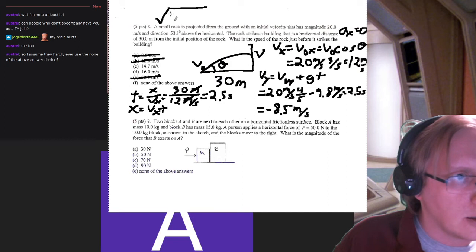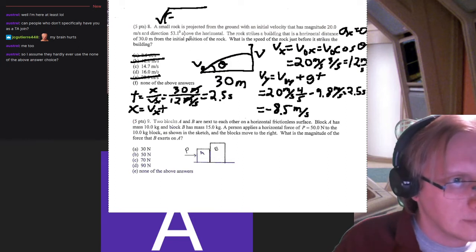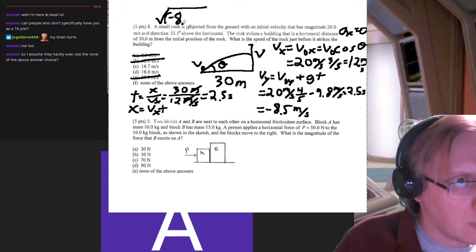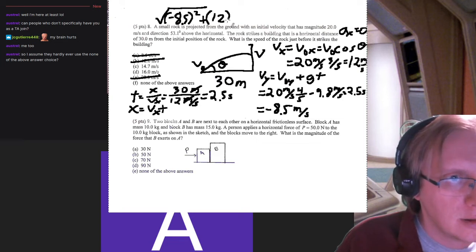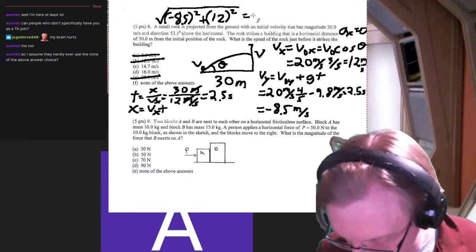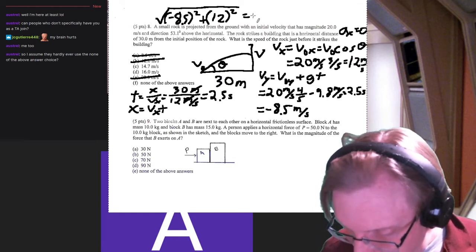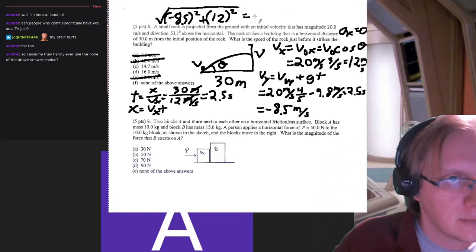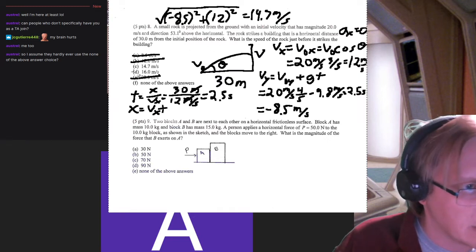Square root of 8.5 squared plus 12 squared is 14.7 stuff. 14.7 meters per second. Oh, look at that. Hot dog.